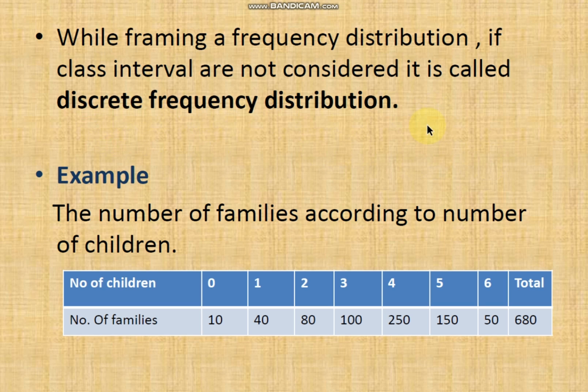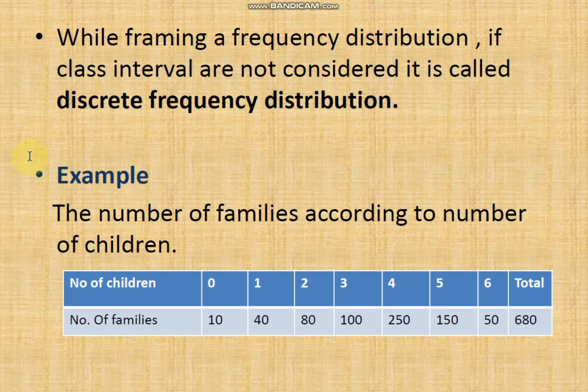In the first chapter, you might have studied about discrete variables. Please again refer to the basic concepts video where I have explained about different types of variables, that is discrete variable and continuous variable. Discrete means after 0 directly 1, after 1 directly 2, after 2 directly 3. There is one number after the other.